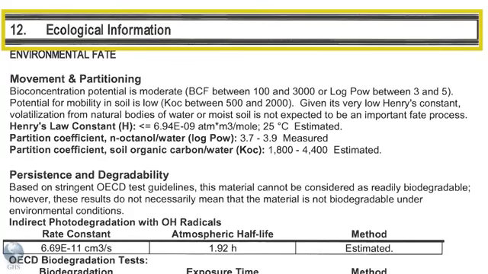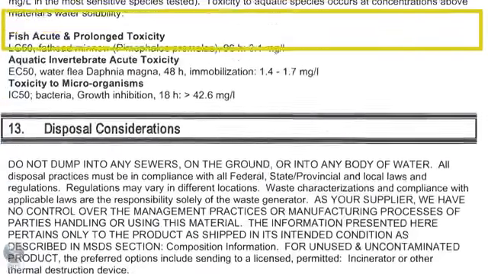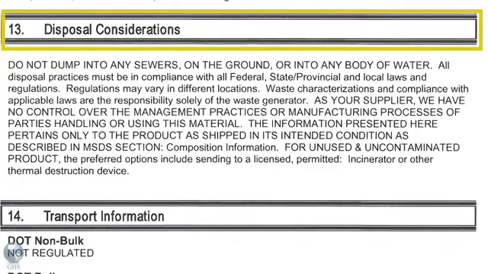Section 12, Ecological Information, provides information to evaluate the environmental impact of the chemical if it were released to the environment. Section 13, Disposal Considerations, provides guidance on proper disposal practices, recycling or reclamation of the chemical or its container, and safe handling practices.